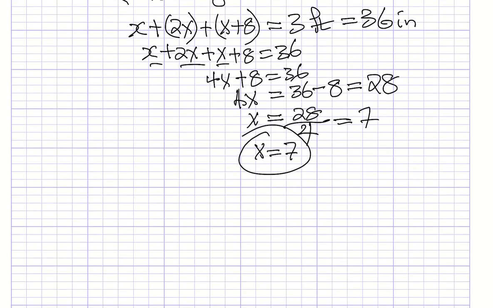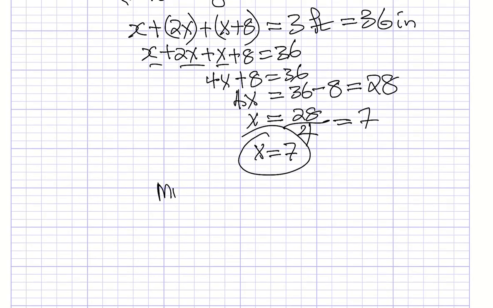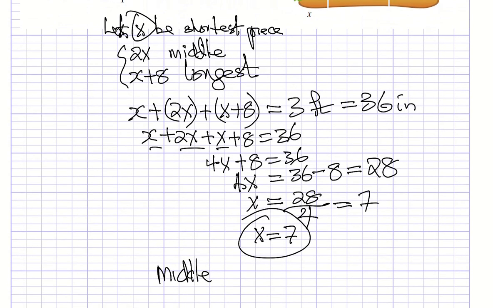So the middle piece is 2x, which is 2 times 7. That's 14.